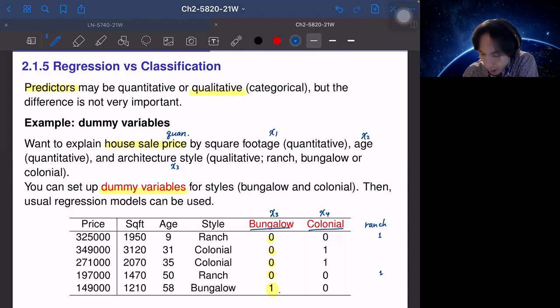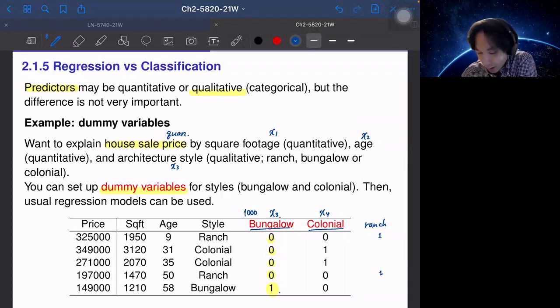So if the coefficient of X3 is $1,000, then that means the bungalow house is $1,000 higher than the ranch house on average, if we have accounted for square footage and age already. So if we have the same square footage and age, then the bungalow house is $1,000 higher. So in such a case, the coefficient of X3 becomes 1,000.